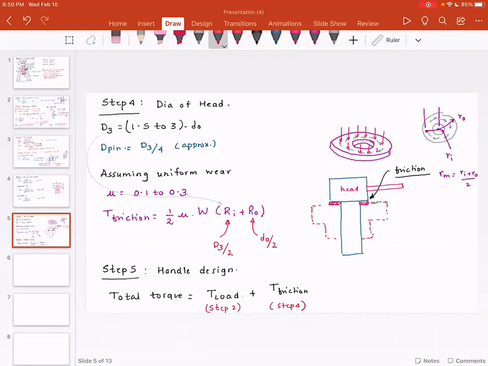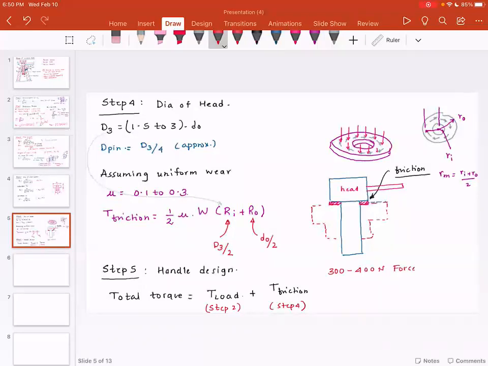Now, at this point, we need to see how this screw jack is going to be operated. The most common way a screw jack is operated is by a human operator. A human can apply 300 to 400 newtons of force by hand.